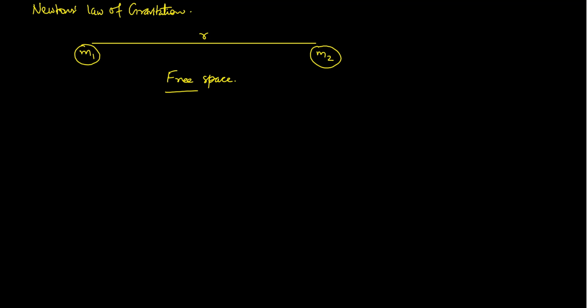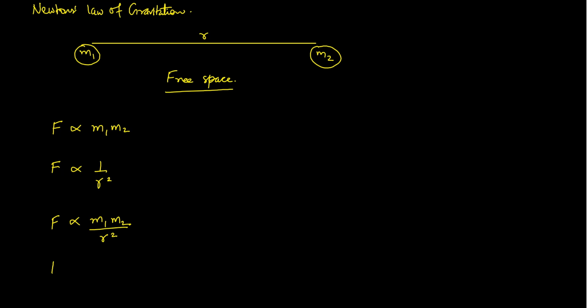They will attract each other, and that gravitational force of attraction is directly proportional to the product of their masses and inversely proportional to the square of the distance between the two objects. Combined, the equation is F proportional to m1 m2 upon r square.